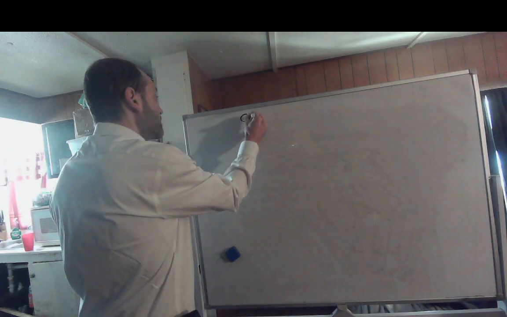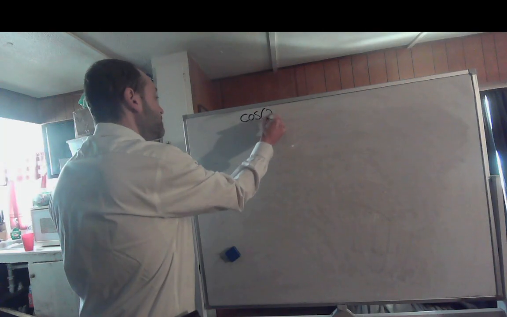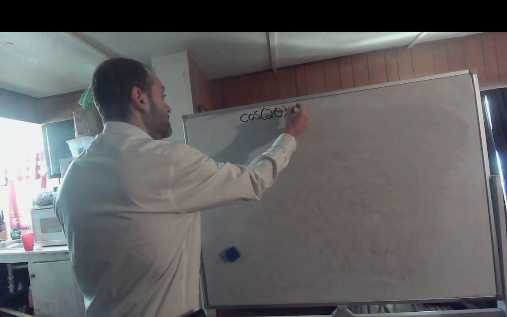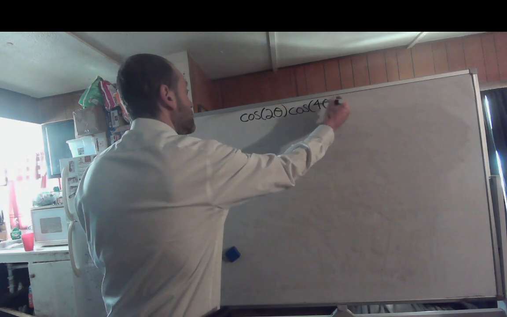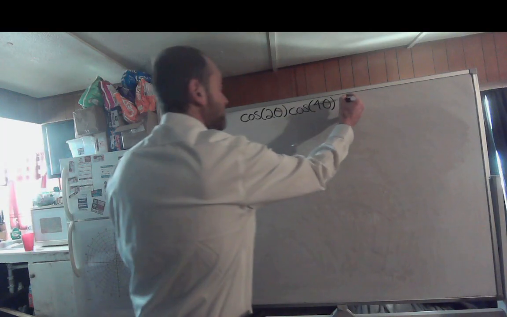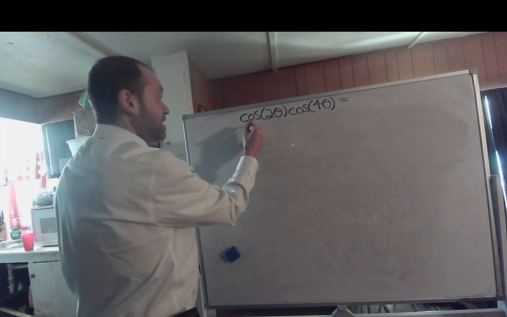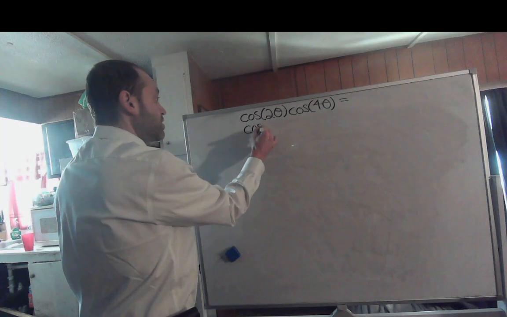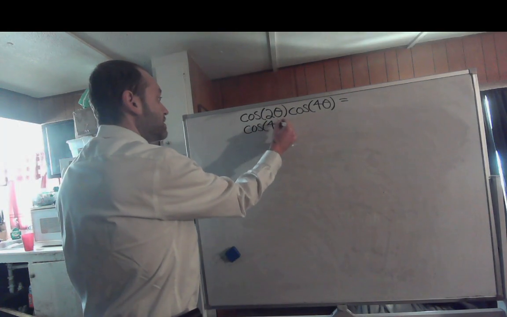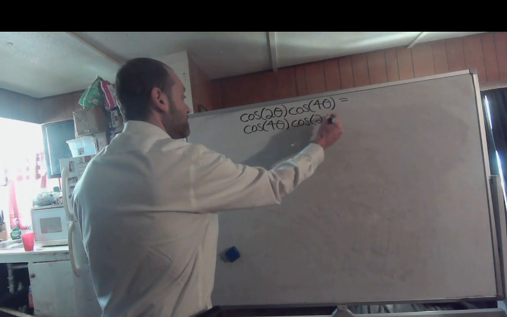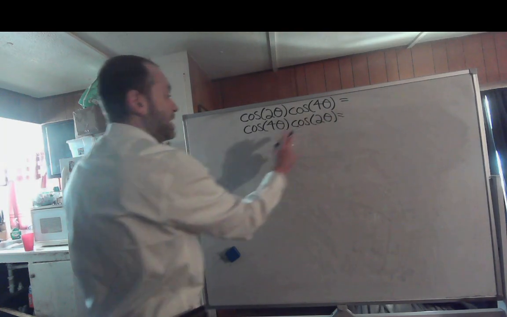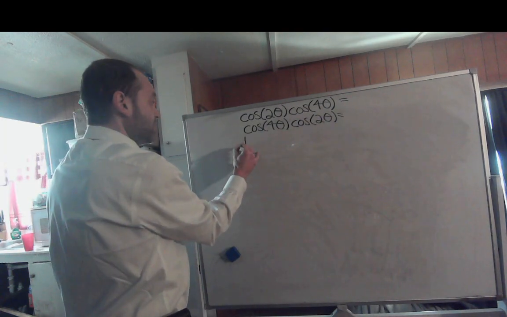I have the cosine of 2 theta times the cosine of 4 theta. Well, again, since the 4 theta is greater than 2 theta, I would switch the order, make this cosine of 4 theta times the cosine of 2 theta. So now use the product of sum formula for the cosines.